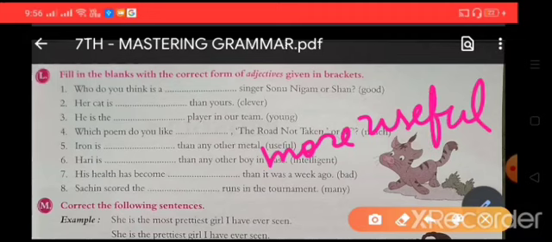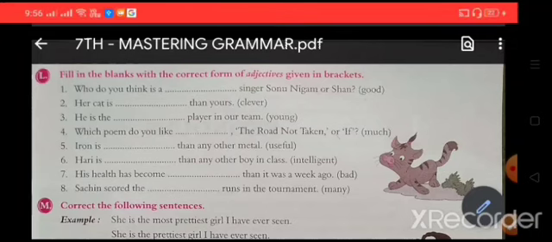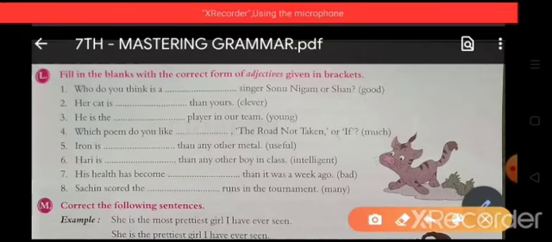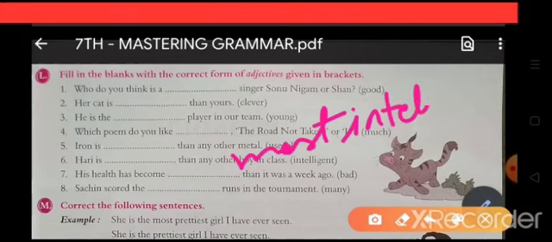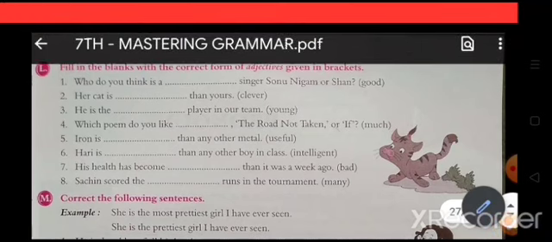Because here the comparison is between iron and other metals. Hari is dash than any other boy in the class. Most intelligent. Now here also we can use most useful.